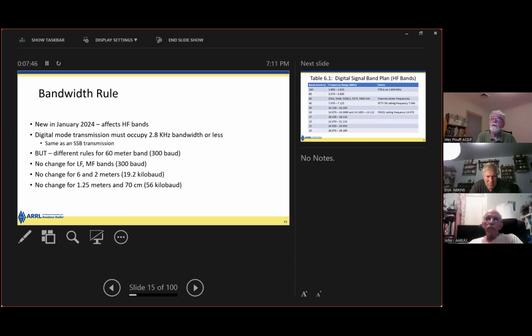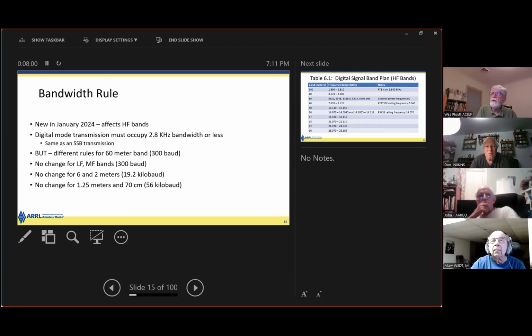And what they did, at the end of 2023, they said, well, we don't care how fast you go, but the signal has to fit within 2.8 kilohertz bandwidth. In other words, the same bandwidth as a voice signal. So you can go as fast as you like, as long as your signal is narrow enough to fit in that bandwidth on the HF bands, 160 through 10 meters.